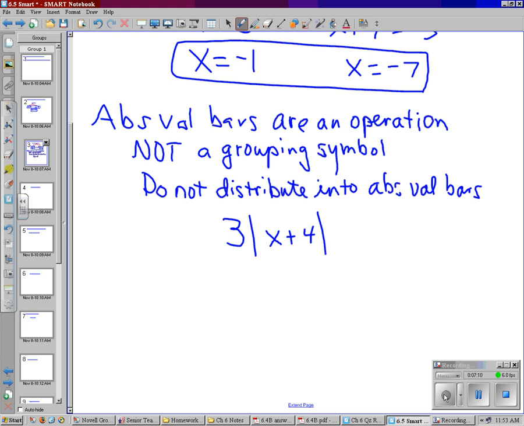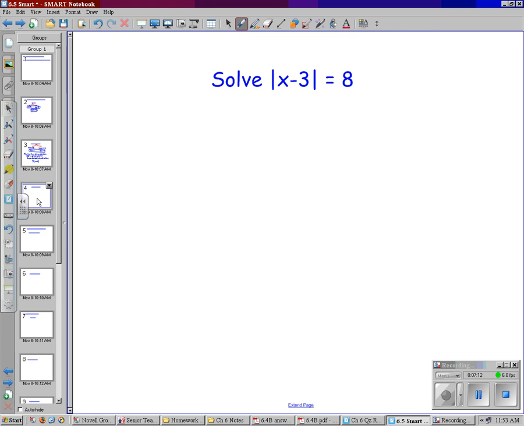Now let's try another problem here where we have solving the absolute value of x minus 3 is equal to 8. Set up what you think are the two equations that you would use to solve this, please.